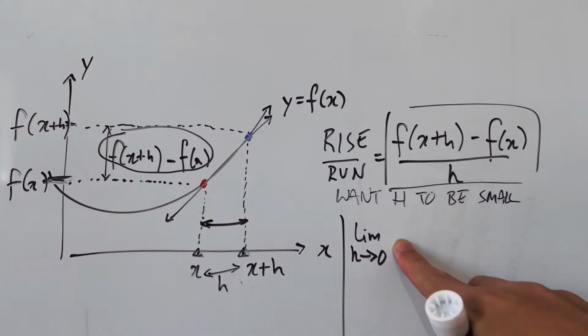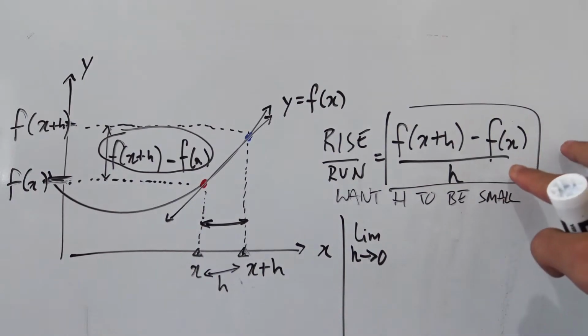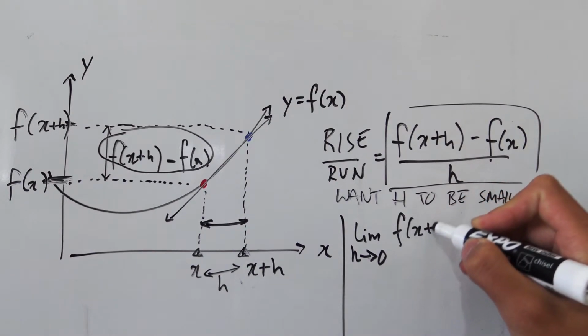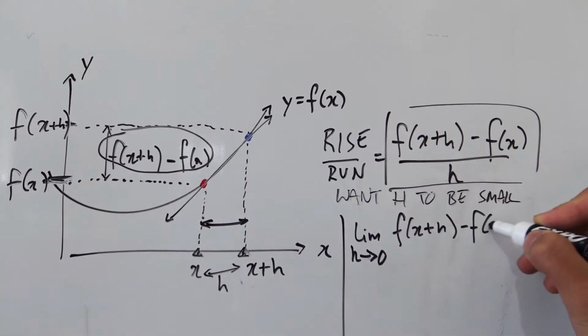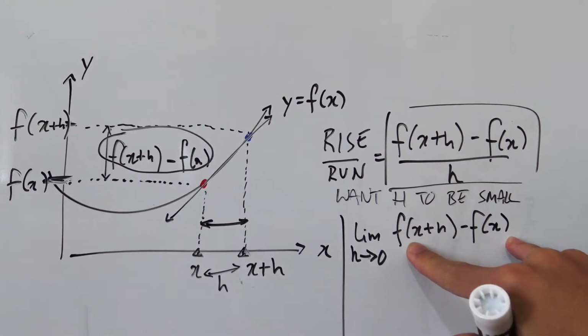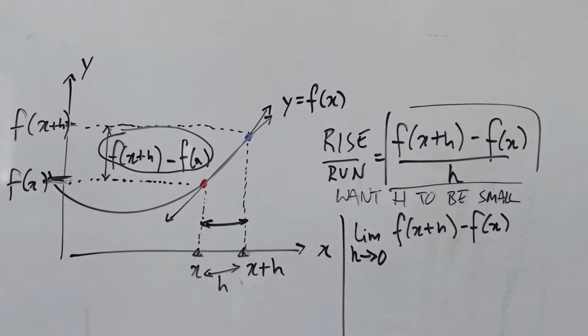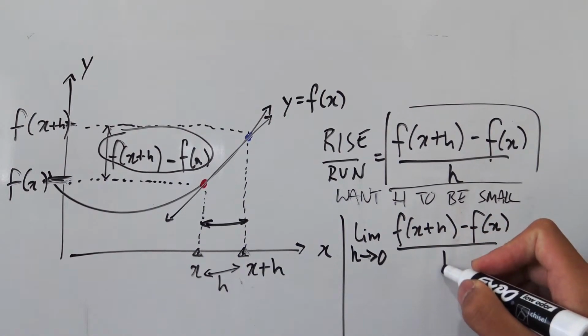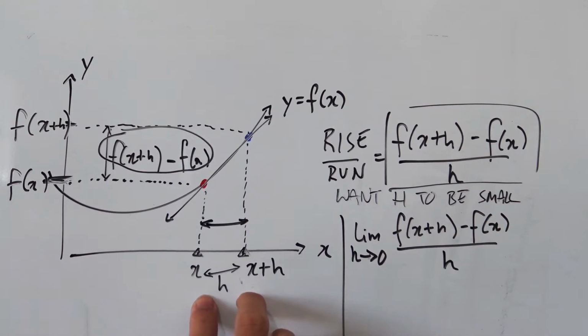So we have the limit as h approaches 0 of the gradient of our secant, which is f of x plus h minus f of x. The numerator is just the rise, the difference between our y values, and then all of this is divided by h, which is the run.